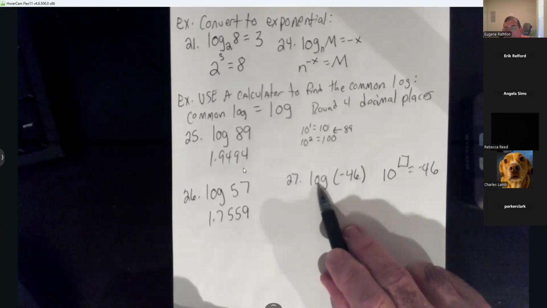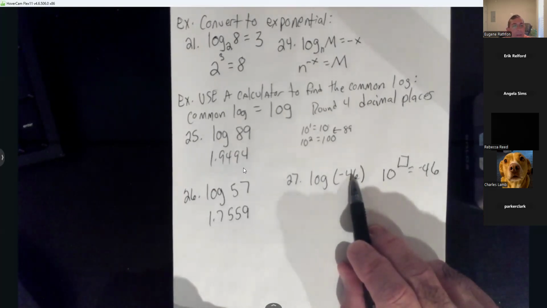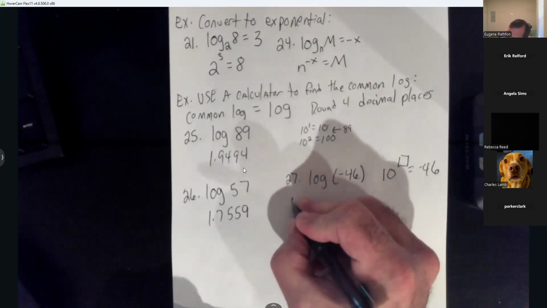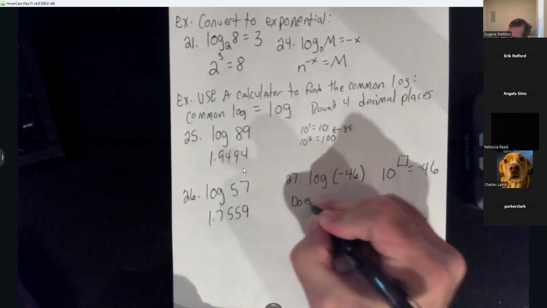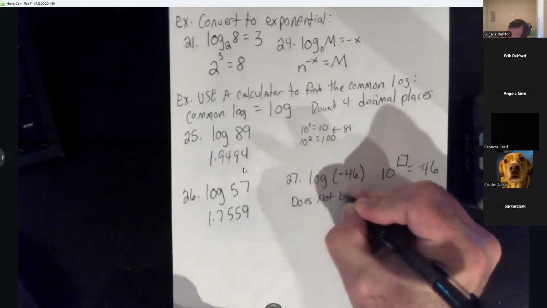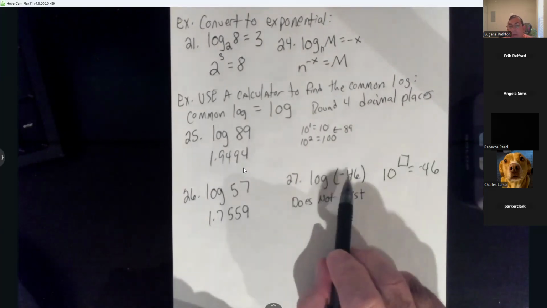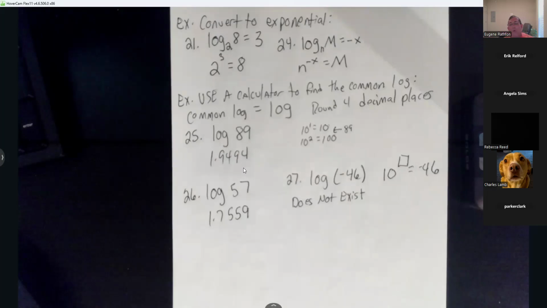So if you're trying to take a log of a negative number, it's going to give you an error. And on MATLAB, you're going to pick the option that says does not exist. I cannot turn a 10 into a negative number no matter what that exponent is, okay?